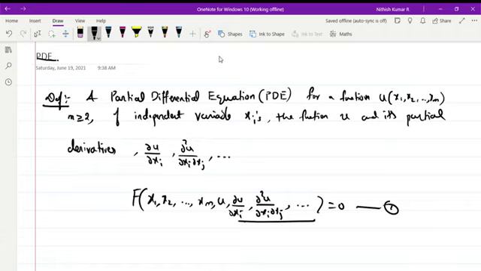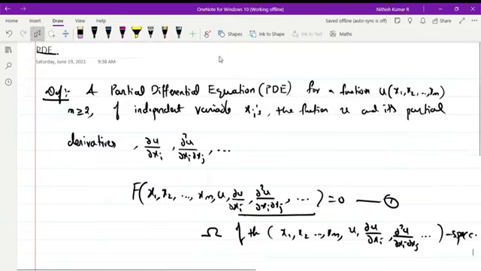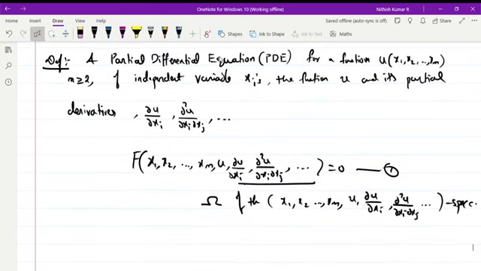So F is defined on a domain omega of this x1, x2, and so on up to xm, u, dou u by dou xi, dou square u by dou xi dou xj, and so on, where these derivatives exist. Together it's a space.